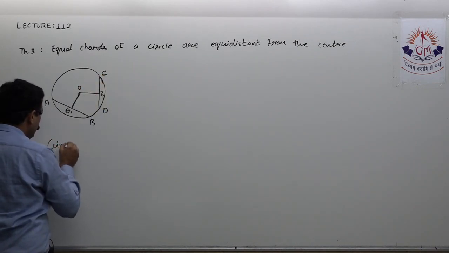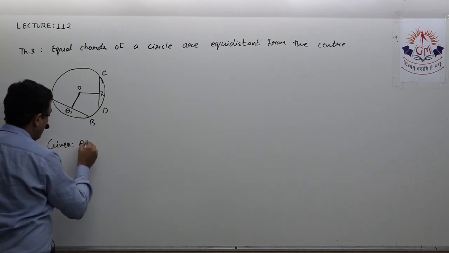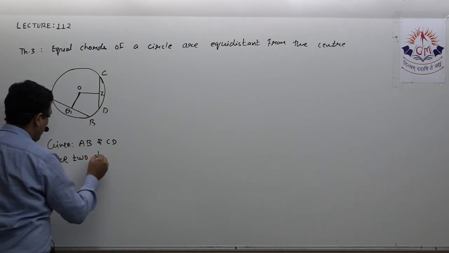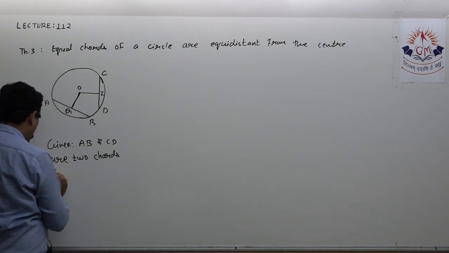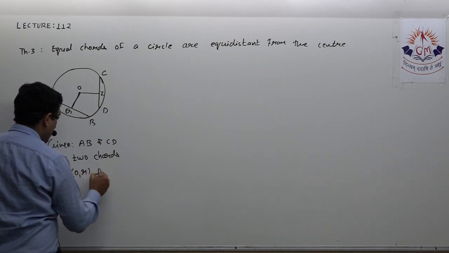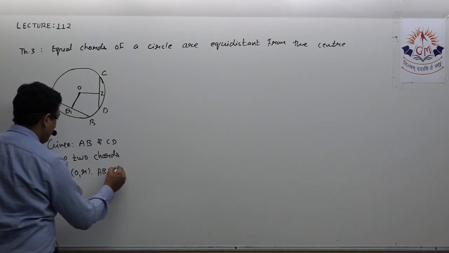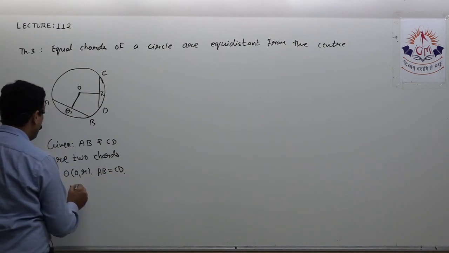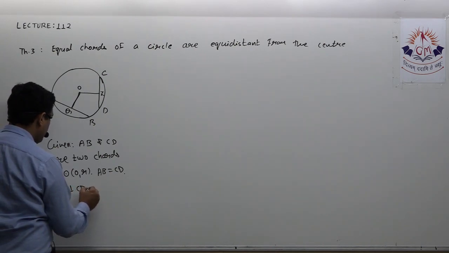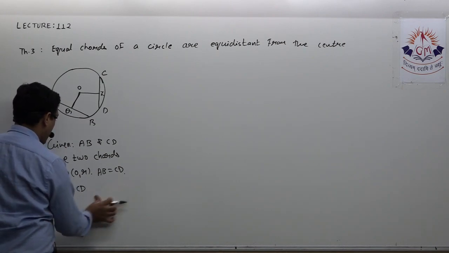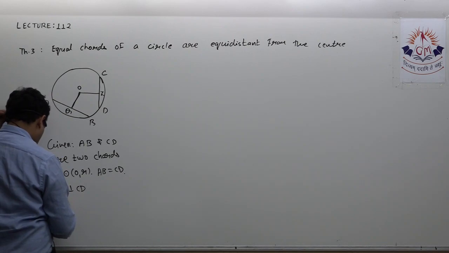So we are given: AB and CD are two chords of circle O comma R. AB is equal to CD. OZ perpendicular to CD, OQ perpendicular to AB.